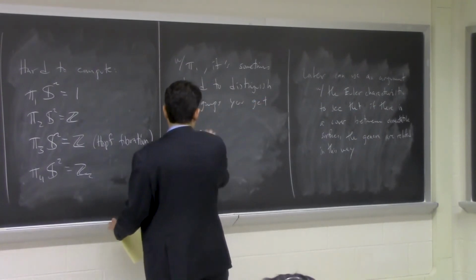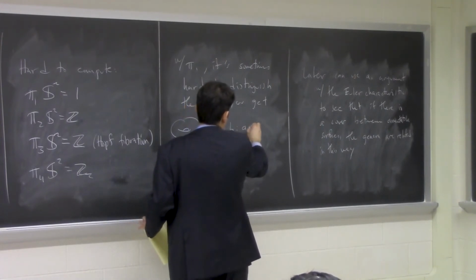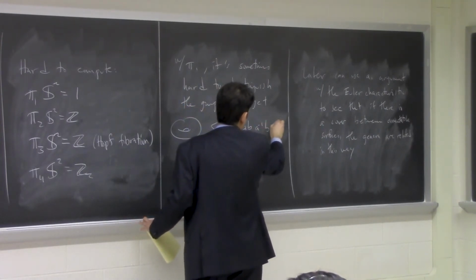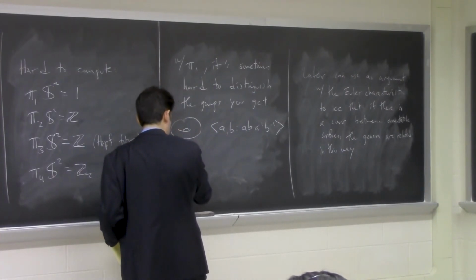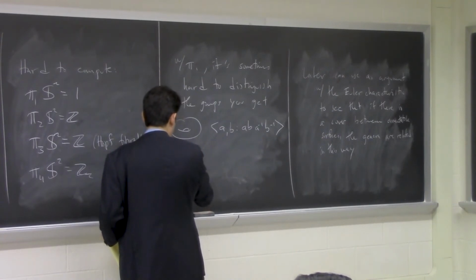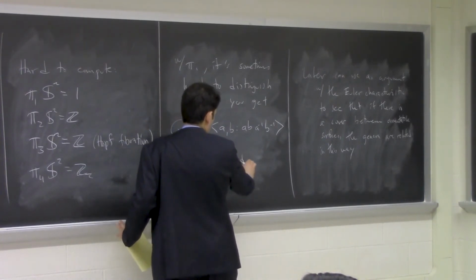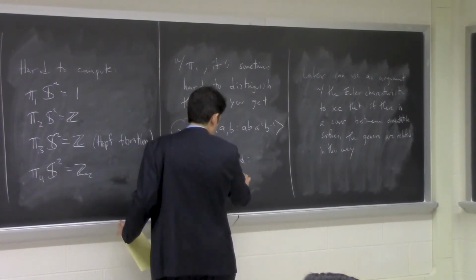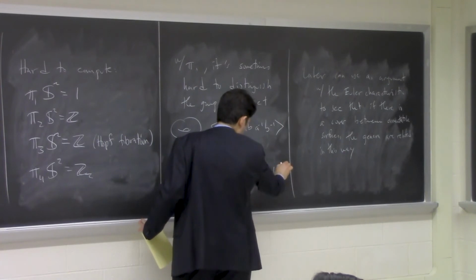So we saw, for example, that if you compute the fundamental group of the torus, you get a presentation like that using Van Kampen, for example. And if you compute the fundamental group of the two-hole torus, you get a presentation like this: A, B, A inverse, B inverse, C, D, C inverse, D inverse.